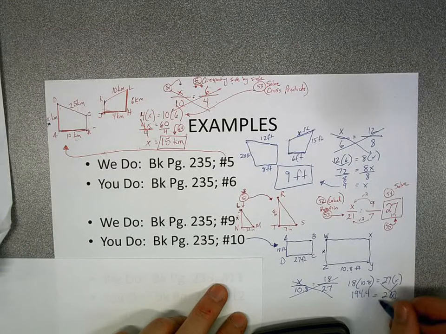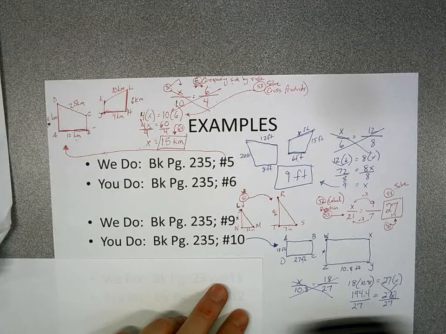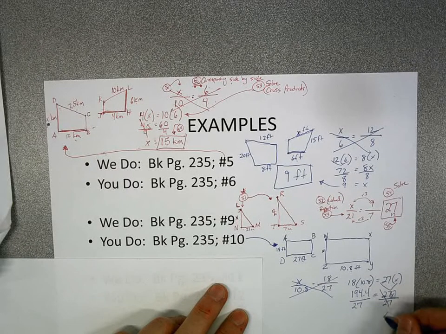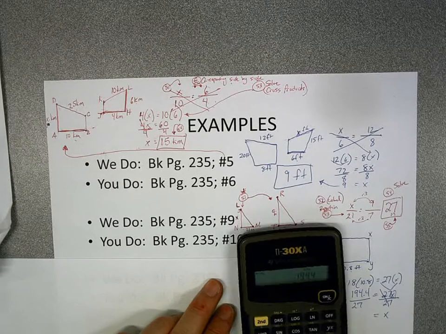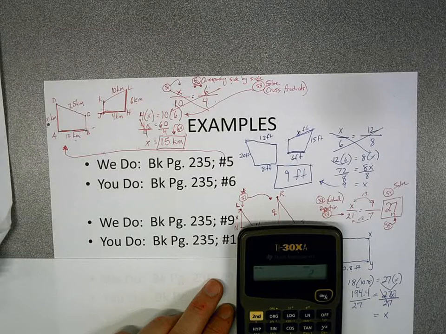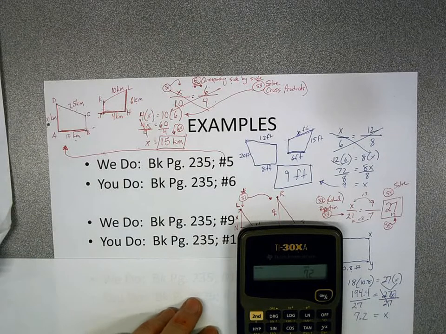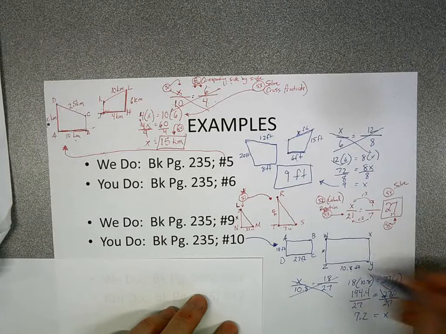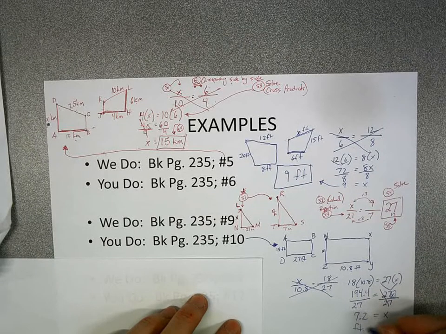That's multiplication, so I'm going to divide by 27 here. I'm going to be fair and do it to the other side of the equation. This cancels. I end up with x equals, and now 194.4 divided by 27 equals 7 2/10. And I take a look at my units, so it's 7 2/10 feet. There we go.